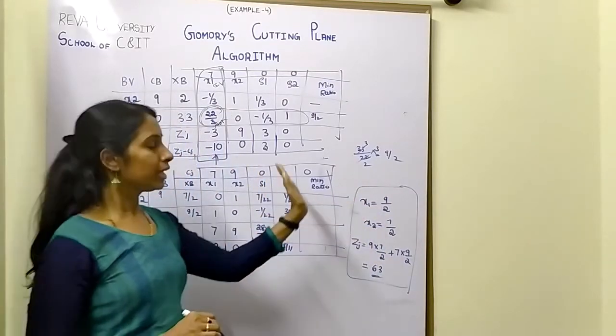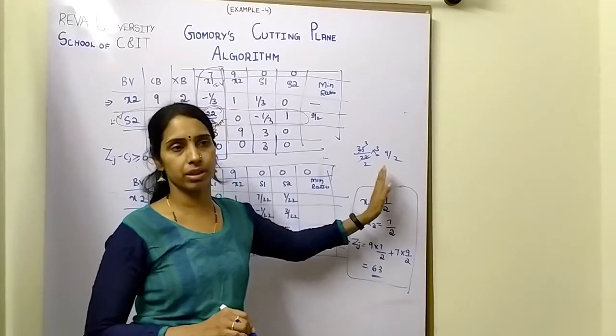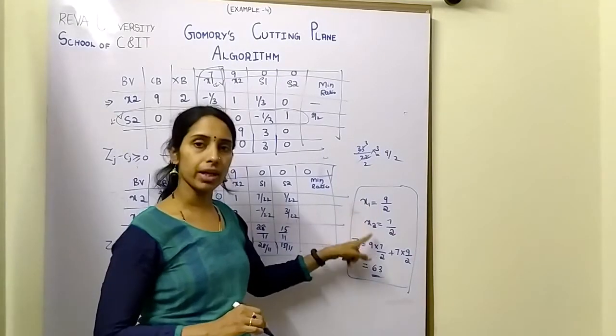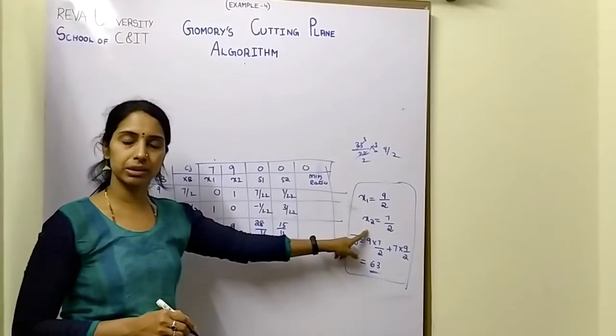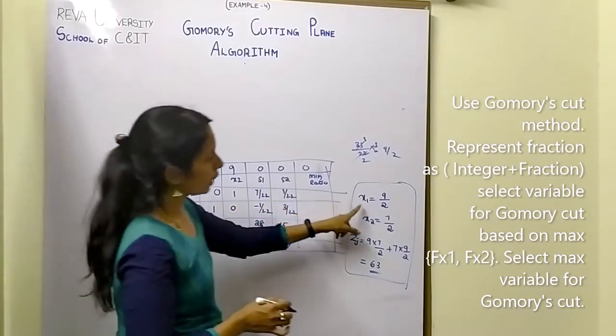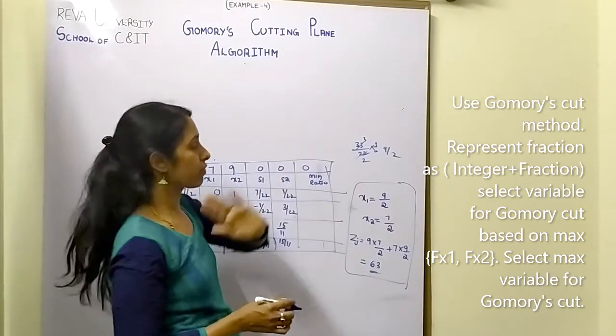So we have to cut the fraction part of this answer by using the GOMORY cutting plane algorithm. Both are fractions here. To select whether to use x1 or x2 to generate the GOMORY constraint, let us rewrite this answer as integer plus fraction.